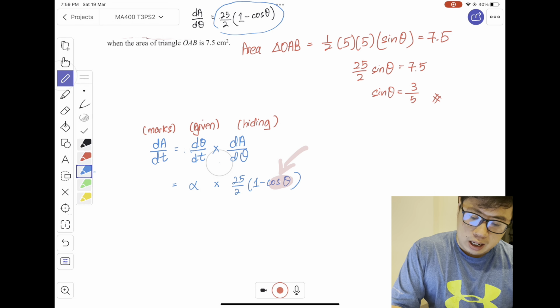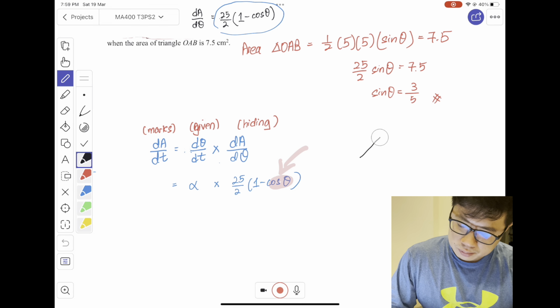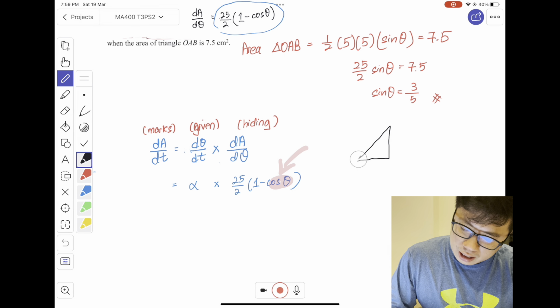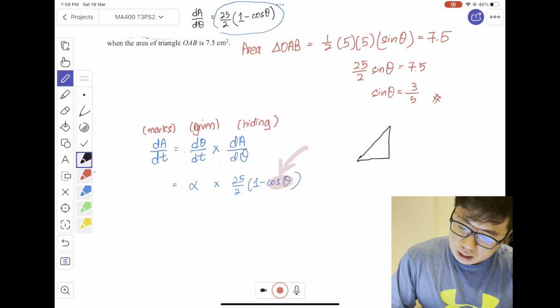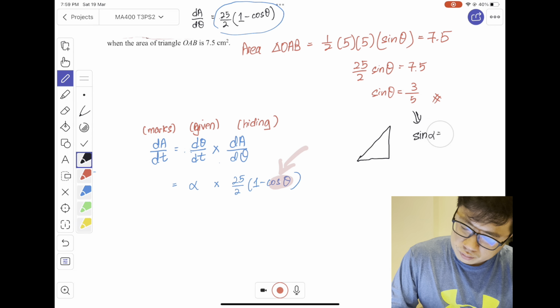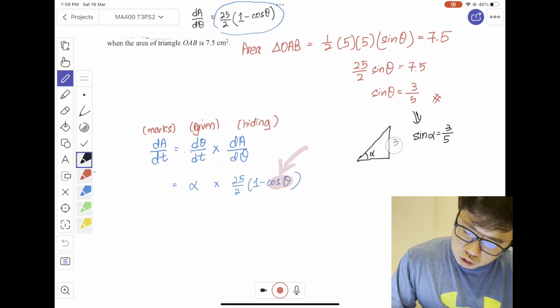Very easy. Just use a simple right-angled triangle. If sine theta is 3 over 5, let's assume that with the basic angle, sine alpha is also 3 over 5. So in the basic angle triangle, this is 3 opposite over 5 hypotenuse, and this will be 4.